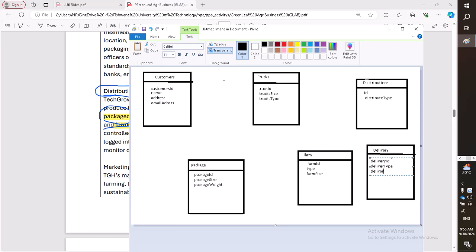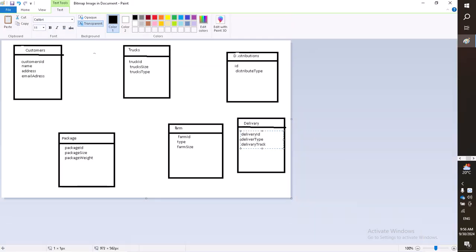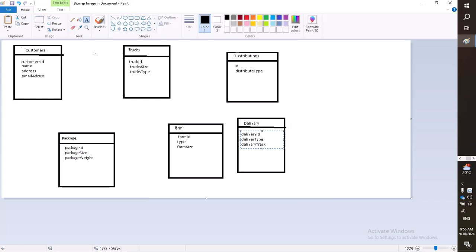Okay, another thing I will have again for the last time is system. Here, the system.